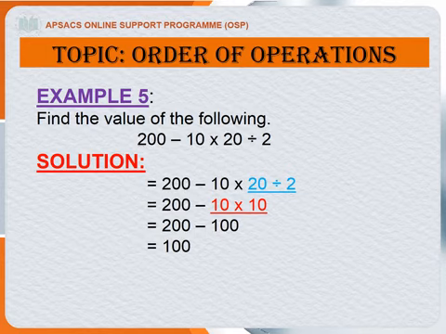Answer is 10. And 200 minus 10 multiply 10. Then after division we will solve multiply. 200 remains same. Write the minus sign same. 10 multiply 10, 100. In the end we will subtract. 200 minus 100, answer is 100.